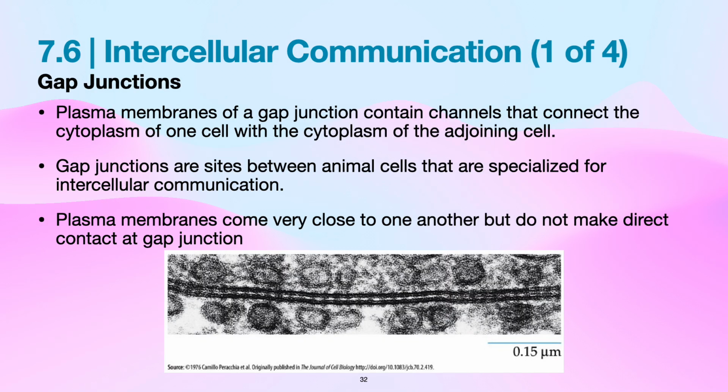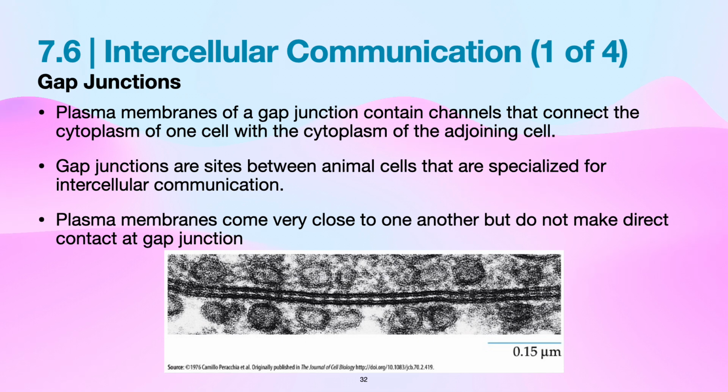Now we move on to intercellular communication. We have the gap junctions. Plasma membranes of a gap junction contain channels that connect the cytoplasm of one cell with the cytoplasm of the adjoining cell, showing you an electron micrograph section through a gap junction perpendicular to the plane of the two adjacent membranes. We can see here the pipelines.